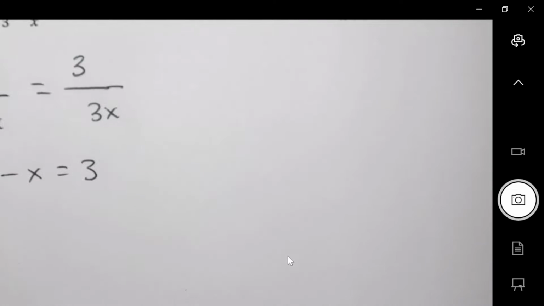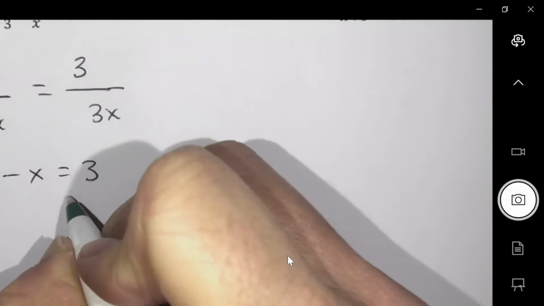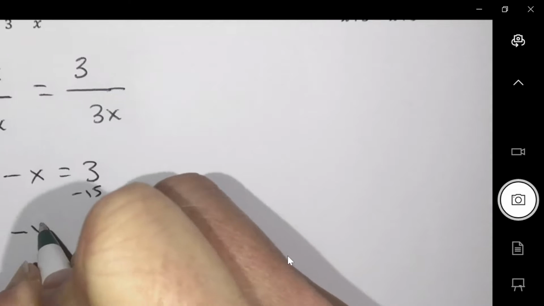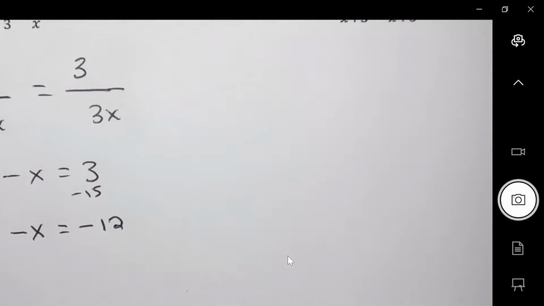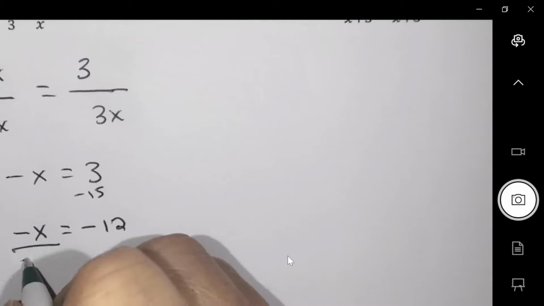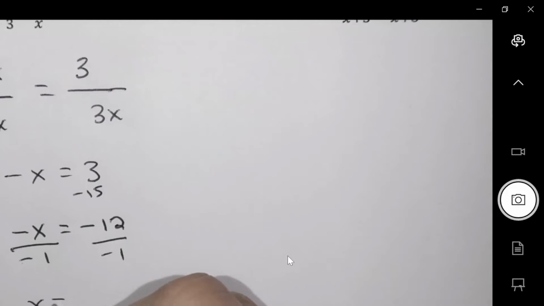Okay, so now that's where I can just drop the bottom, because if the bottoms are the same, conclusion, the tops have to be the same. Okay, so algebra, I'm going to minus 15. And I'm going to divide by -1.